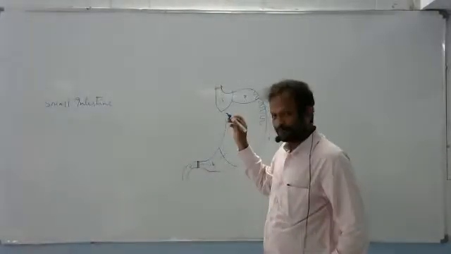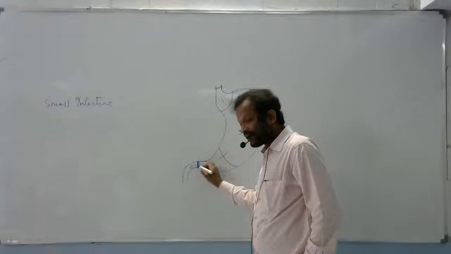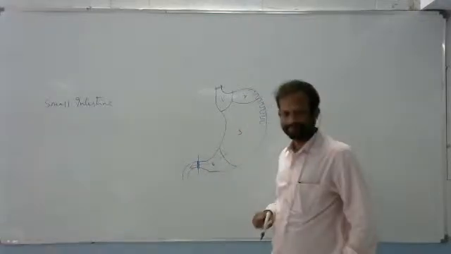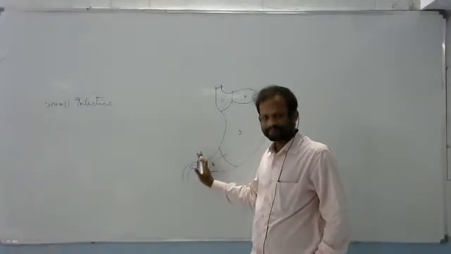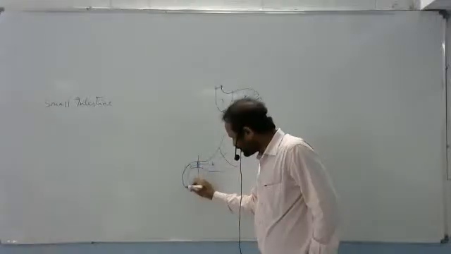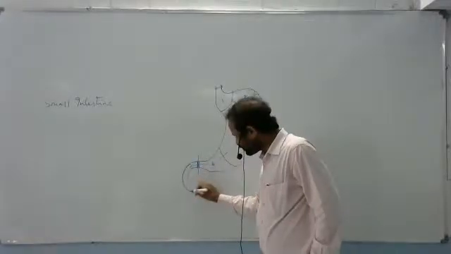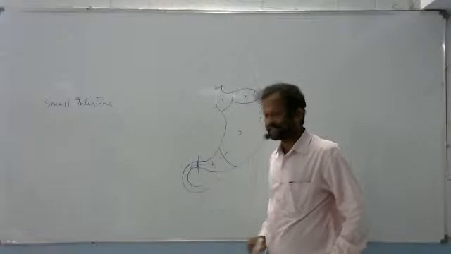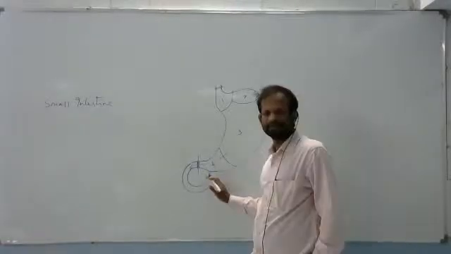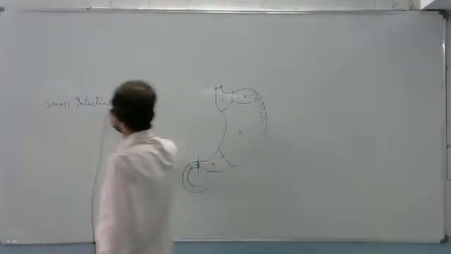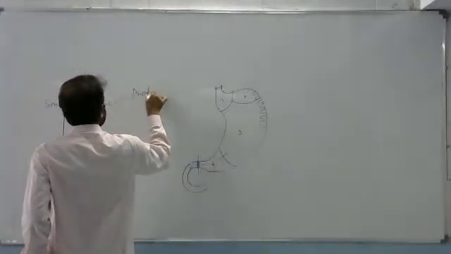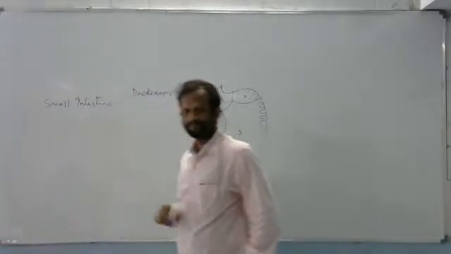So here, the small intestine starts from this region. From where? The pyloric sphincter. From there, immediately you can see one U-shaped tube. U-shaped tube. That is just like a loop. We call that the duodenum.